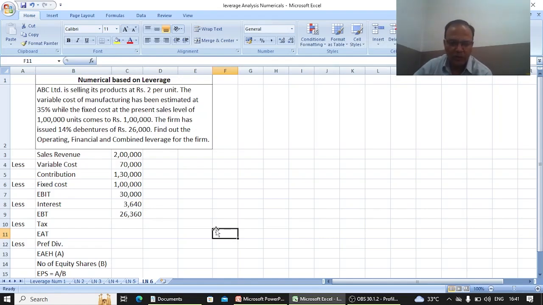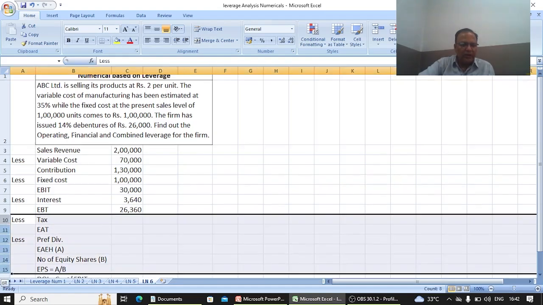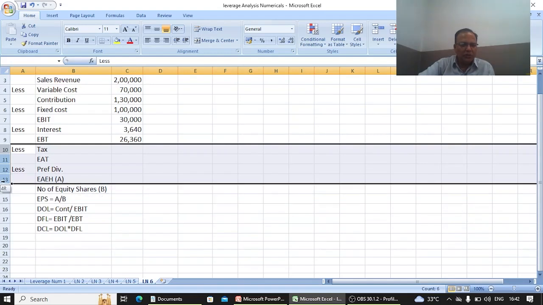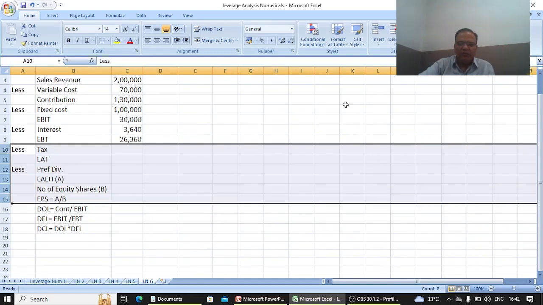EBT is 26,360. Now tax: tax rate is not given and there is no need to calculate tax because you have to calculate only leverages. So I am deleting the things which have no use for us.